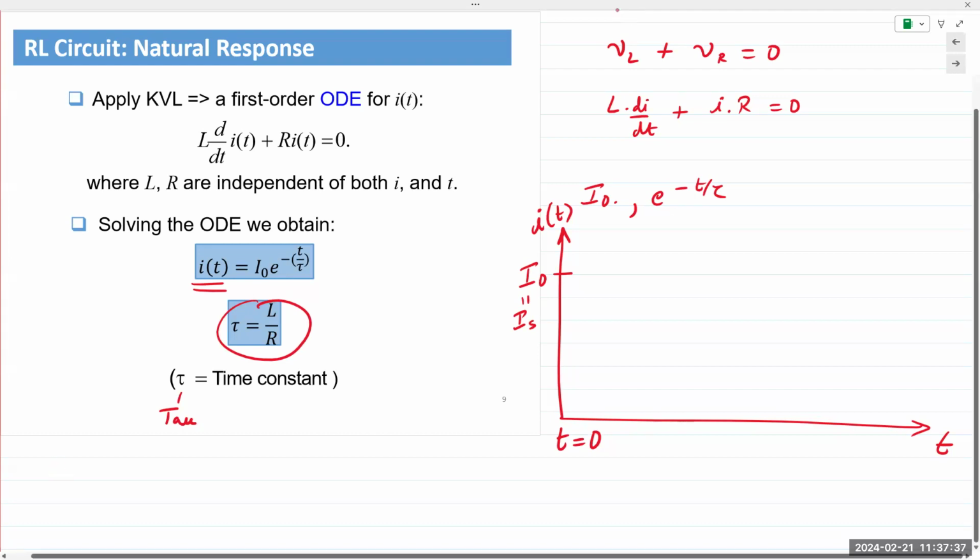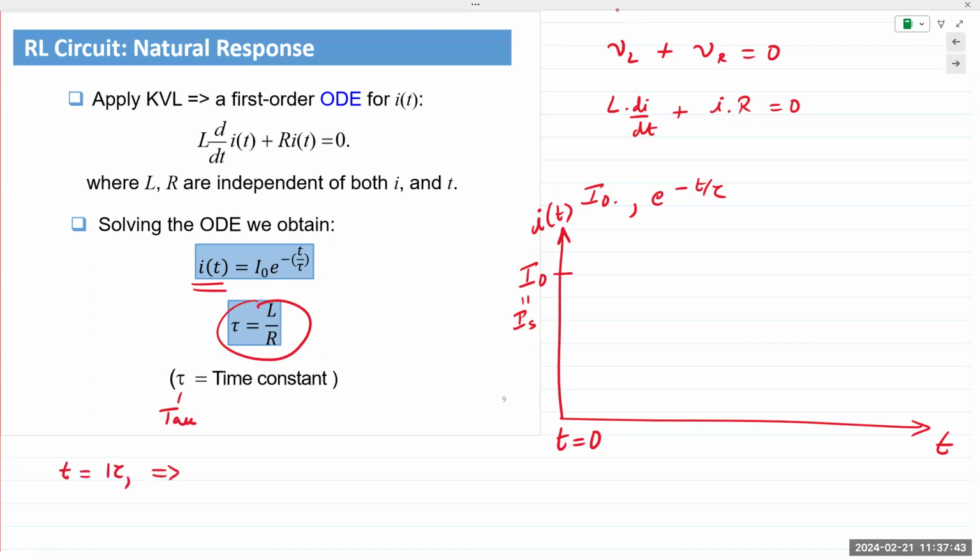If you plug in t equals 1 tau, you obtain e raised to minus 1, which comes out to be 0.37. So after the first time constant has elapsed, the value of the current drops 63%.